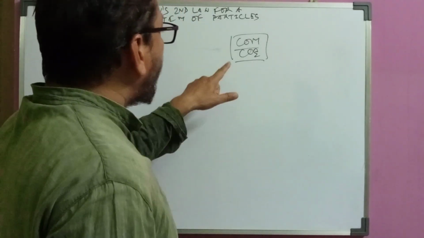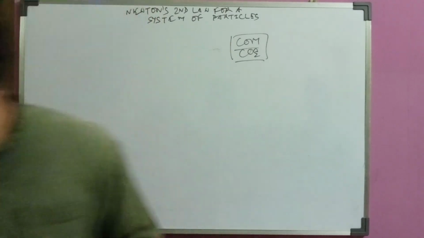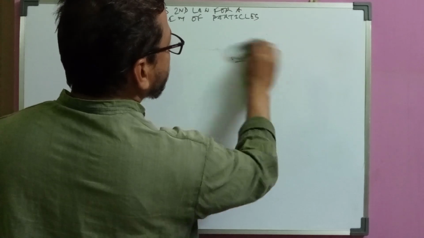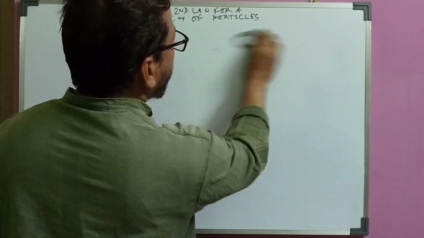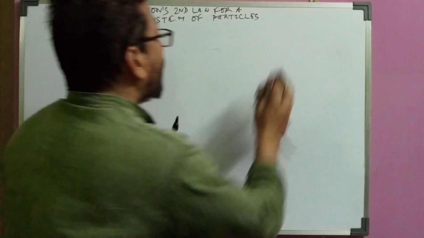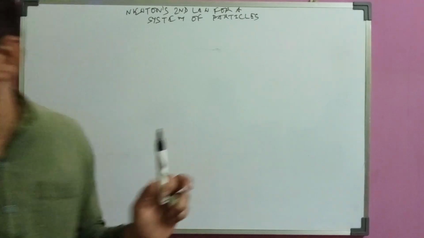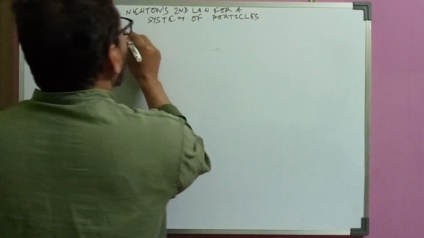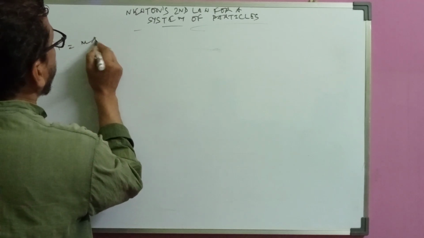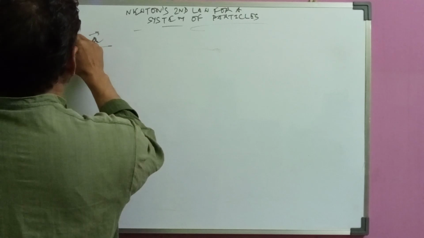So now what we'll get from Newton's second law of motion. Previously we knew F is equal to ma. That was our definition, and this is the second law.